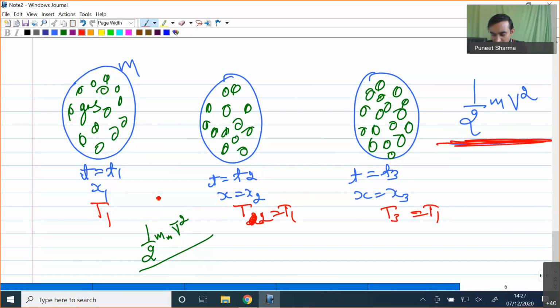Sir, so can we say that the internal kinetic energy is due to Brownian motion? Yes, that point is correct. Okay, sir. And that part is contributed in terms of the internal energy of that system.